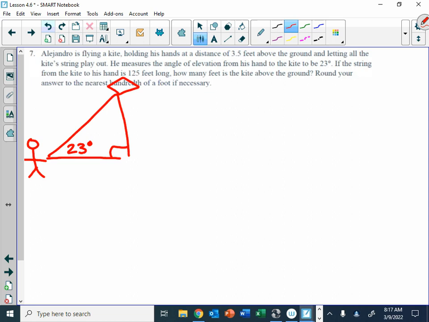If the string from the kite to his hand is 125 feet long, stop there. 1, 2, or 3? 3, good. So that's 125.